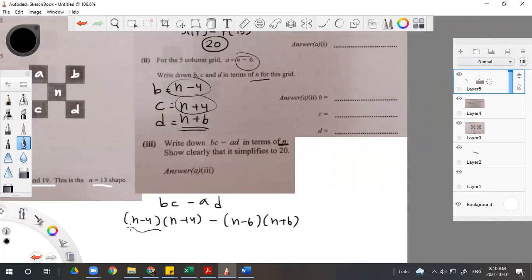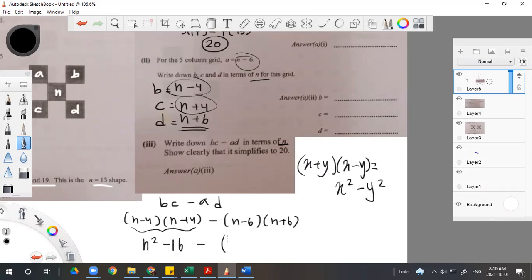Oke, kita masukin ini berapa? Oh, A plus B, A minus B. Ingat nggak pattern-nya? Ini ya, X plus Y, X minus Y is equals to difference of the square. N square minus 16 minus bracket. Minus harus bracket, ya nggak boleh nggak. Sama ya. N square minus 36. Right?